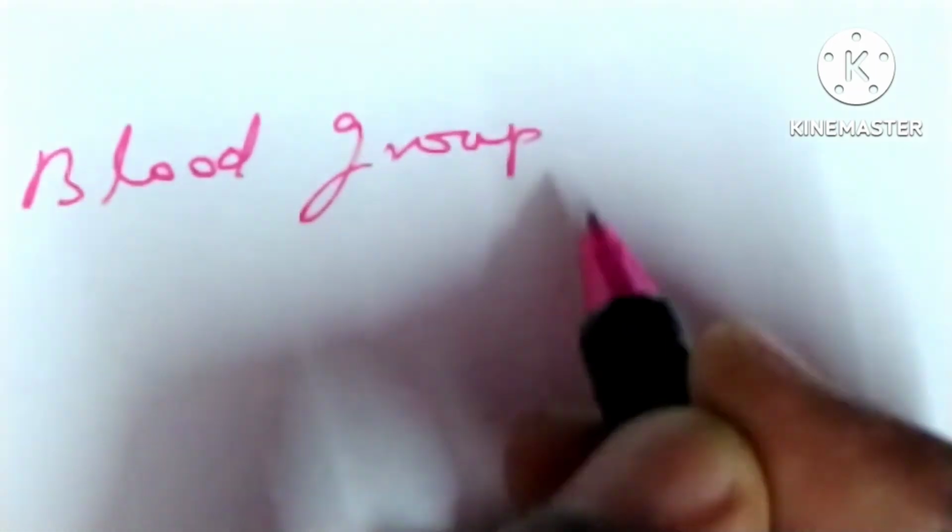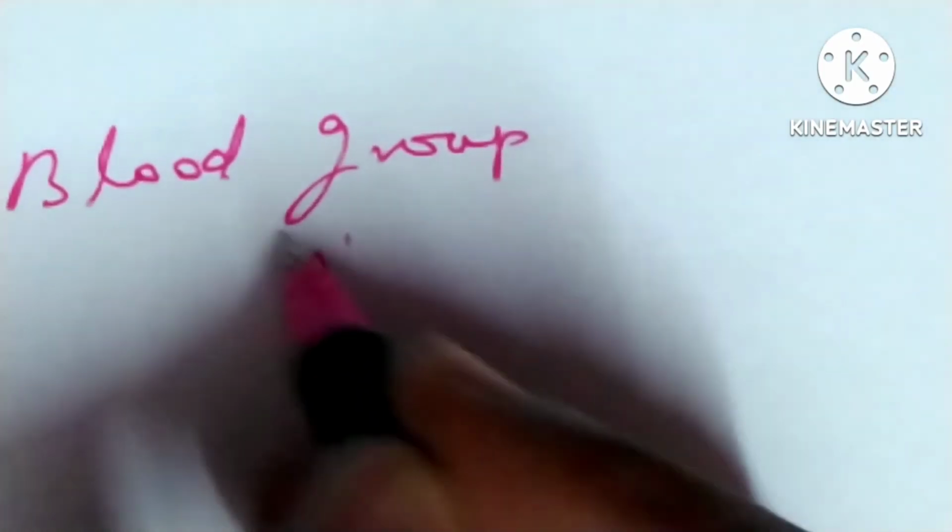Let us see the individual blood groups and which type of antigen and antibody they possess. Let us see the blood group based on the presence of antigen and antibody.